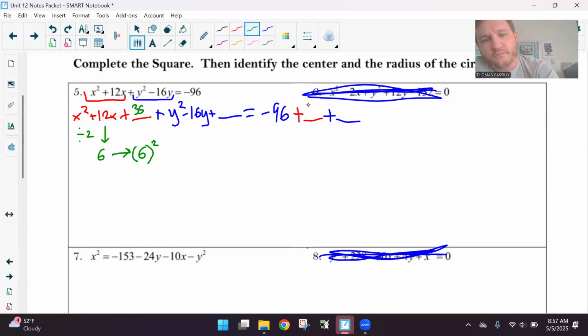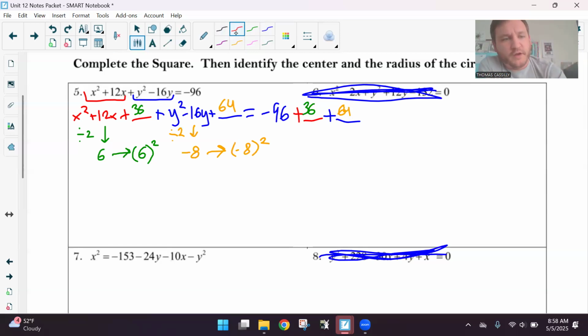Now, we have to do the same thing with the y values. So I'm going to take the negative 16 and divide it by 2. Negative 16 divided by 2 is negative 8. So I'm going to take the negative 8 and square it. All right, negative 8 squared is positive 64 on both sides.